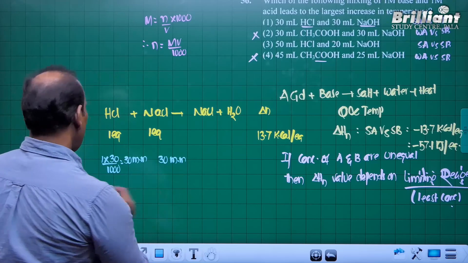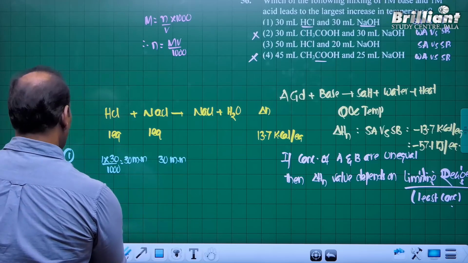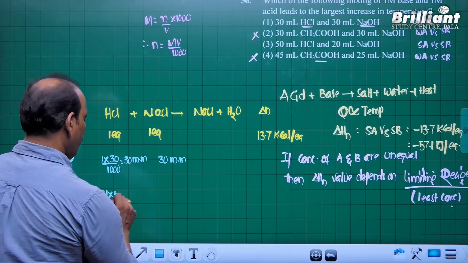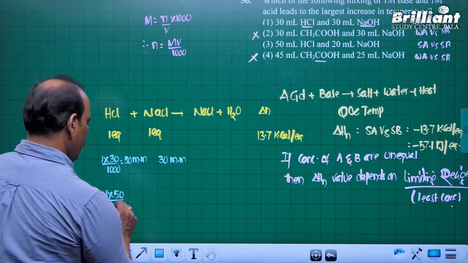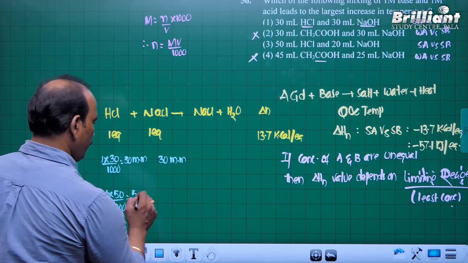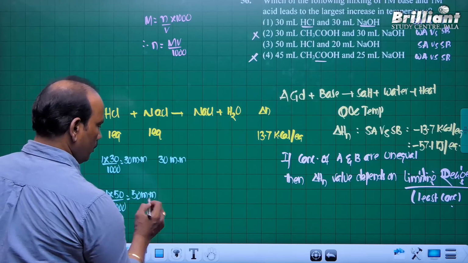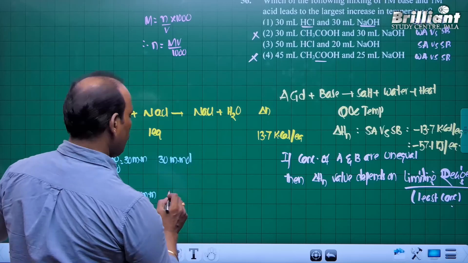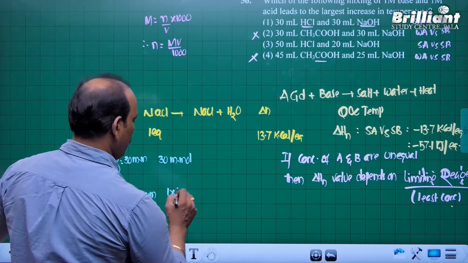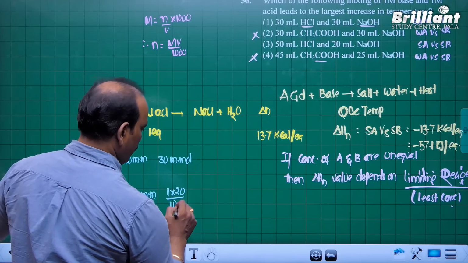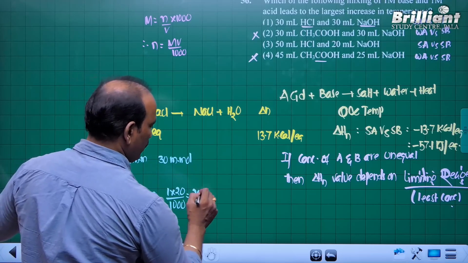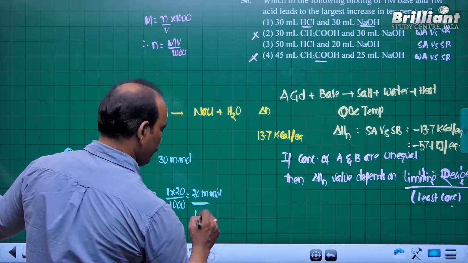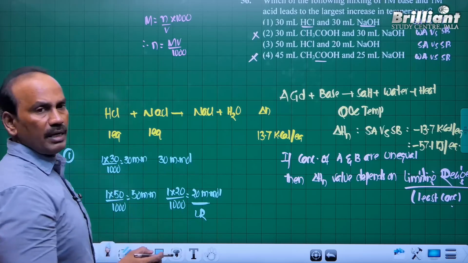Now the third one is 1 into 50 by 1000, that is 50 millimoles. Next one is 1 into 20 by 1000, this is 20 millimoles. So this is the limiting reagent. Here there is no limiting and excess reagent.